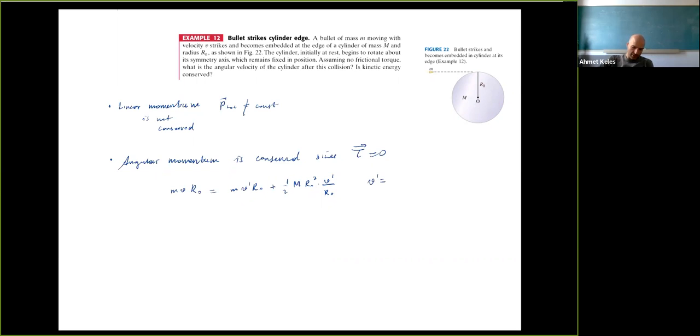V prime is equal to, okay, let's first clean up if we can. So this r naught and this r naught cancel, and I have 1, 2, and 3. Then v prime is equal to m over m plus 1/2 m times v.